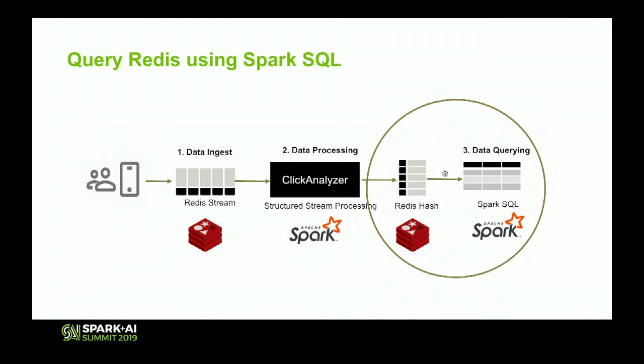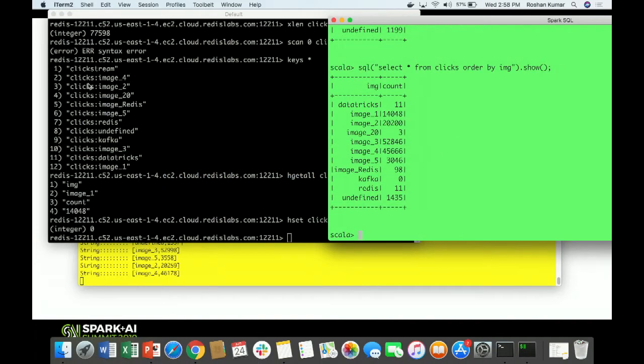What I'm doing here is I'm using Spark SQL, and I'm using the same Spark Redis library, and I'm mapping Redis's hash data structure to a data frame. I'm saying any hash that has a name that starts with clicks belongs to a table called clicks.